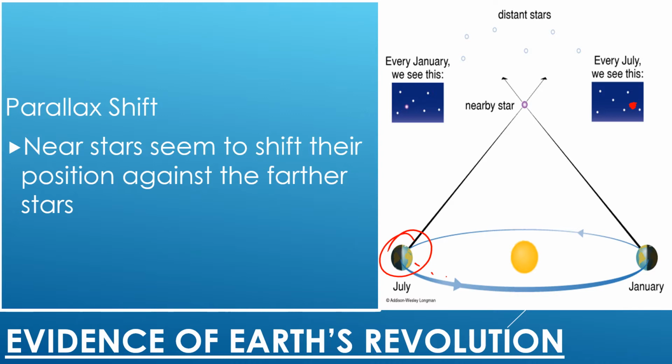And as we truck our way around the sun, in January, we'll see the star over here. And you'll notice that the white dots are the same. So our perspective has changed as we've gone around the sun. So this is a big evidence of Earth's revolution, that things have changed position. And this is what we call parallax shift.